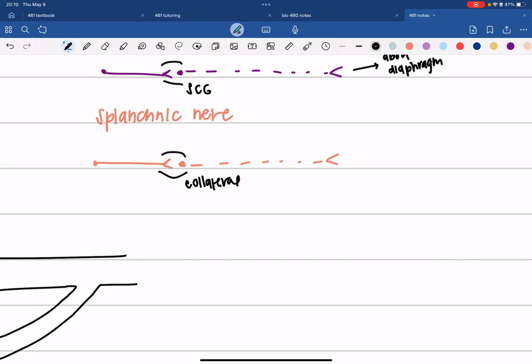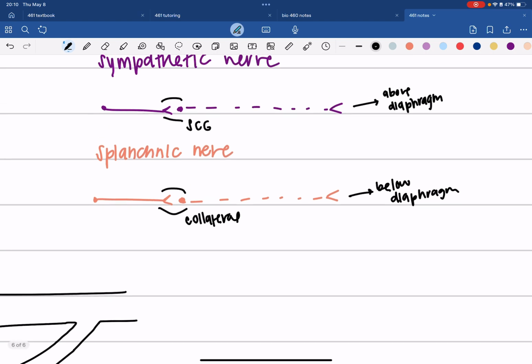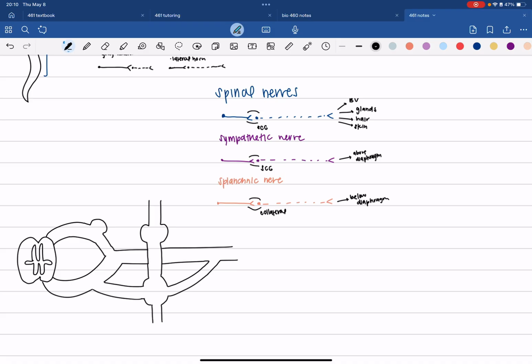And it's going to be going to things below the diaphragm. So, stomach, intestines, whereas up here would be like the heart. Beautiful.